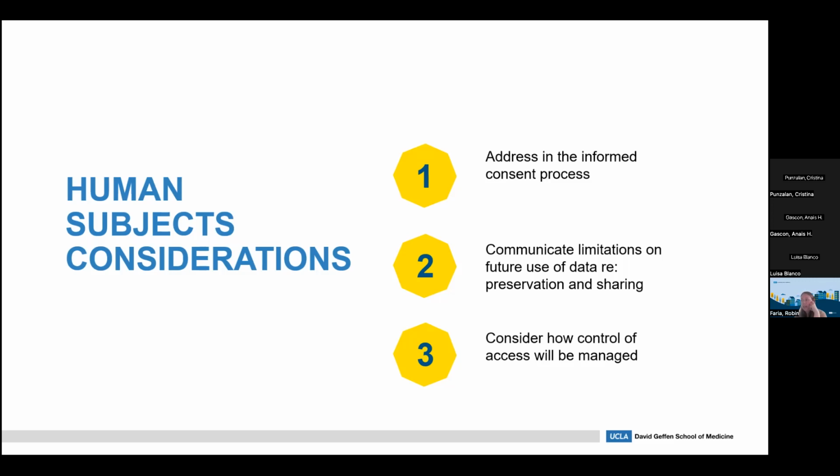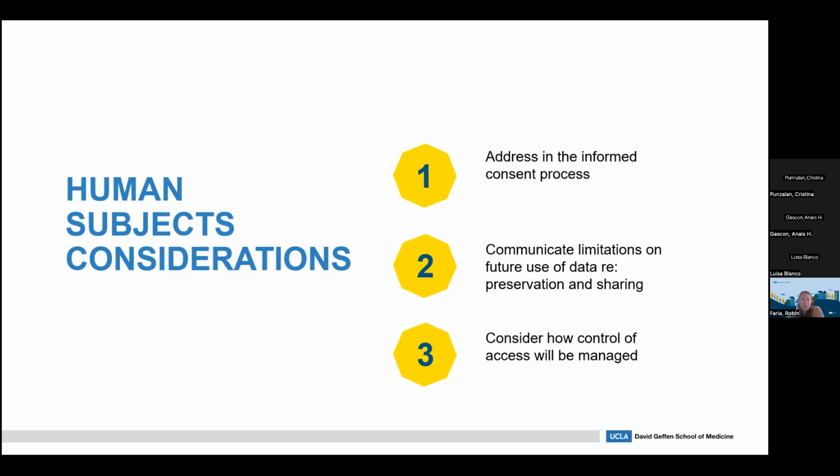And also consider how access will be managed, given the fact that this is human subjects data. If there are extra protections or considerations that need to be put in place, then definitely take those into consideration and write about them in your plan.